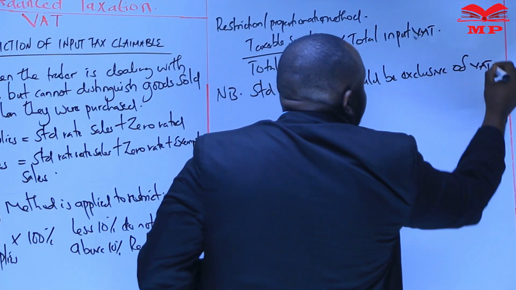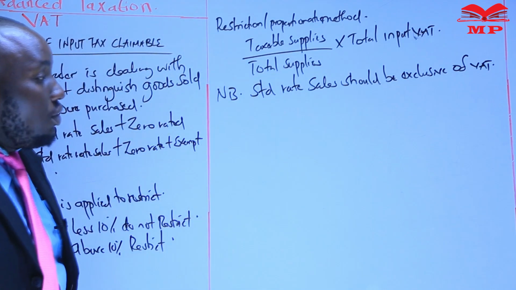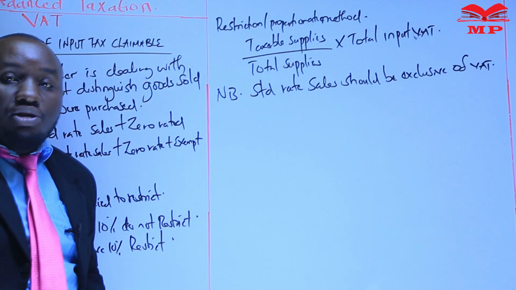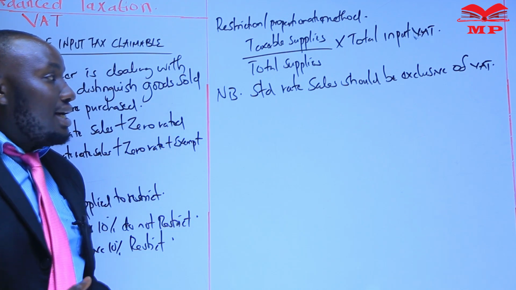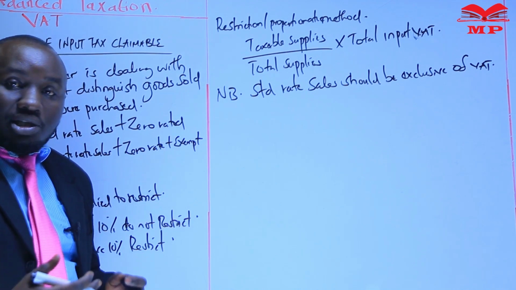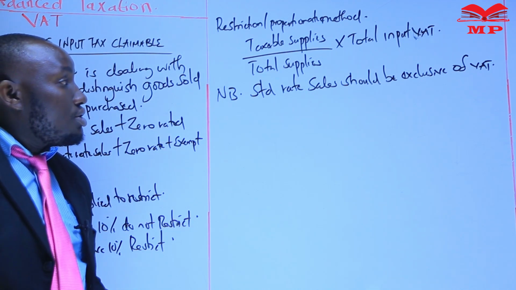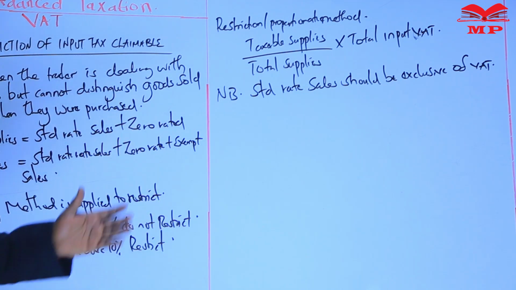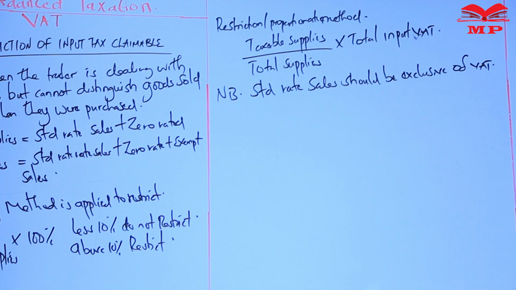When you are restricting, the standard rate sales should be exclusive of VAT, meaning if it's 116%, then you need to convert it to 100%.